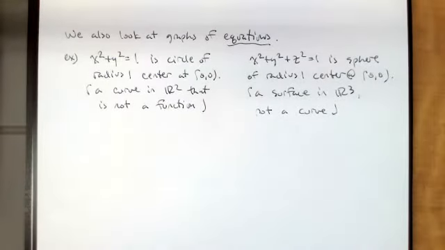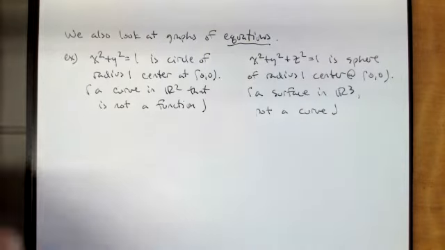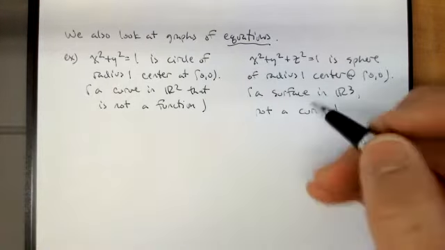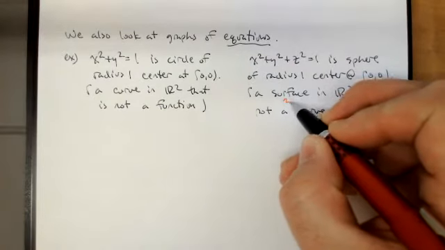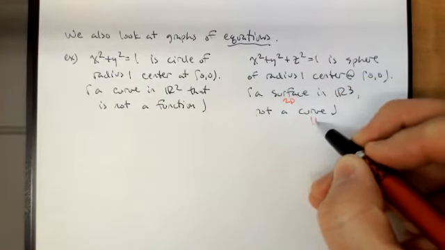So we have a similar problem to the one we had with functions. Our equation of x, y, and z is describing a surface, which is two-dimensional, not a curve, which should be one-dimensional.